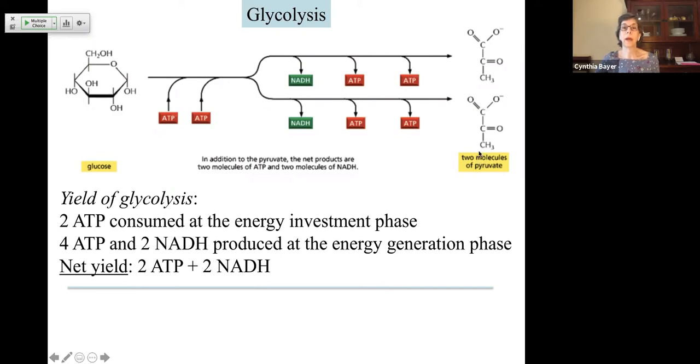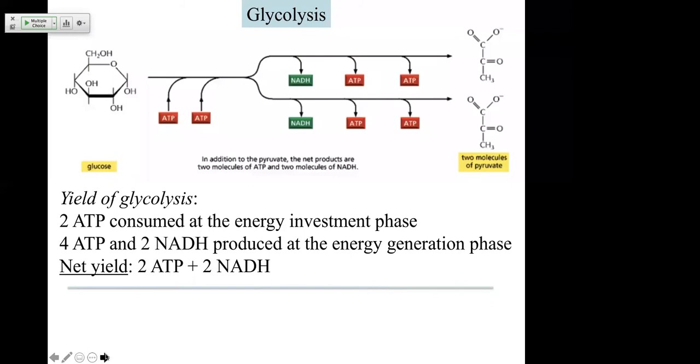So aerobic respiration will continue to oxidize pyruvate, but some cells don't have access to oxygen. And we'll see a little bit later what happens to the pyruvate to make sure that the cell is constantly removing the pyruvate, converting it to something else so that glycolysis can keep continuing.